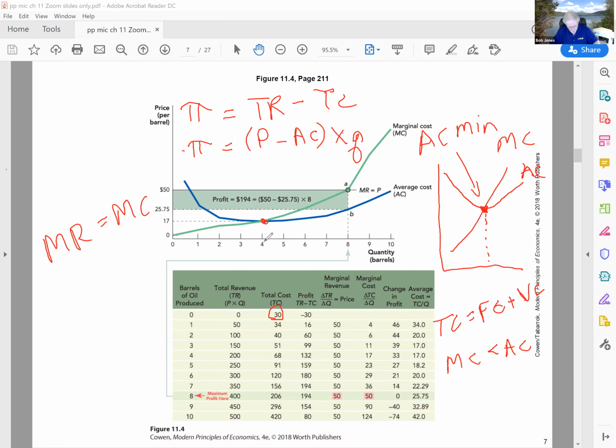If the firm produces the fifth unit, well, now the marginal cost is above the average. And so that high marginal cost causes the average to start to go up. So this is the reason why the AC curve is negatively sloped at first, and then eventually, because marginal costs exceed the average, cost starts to go up.